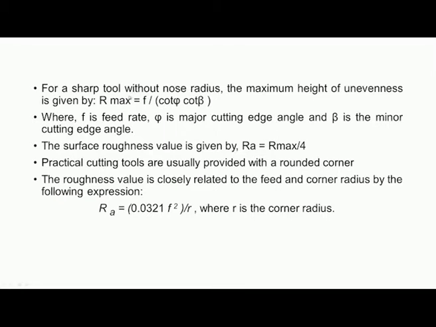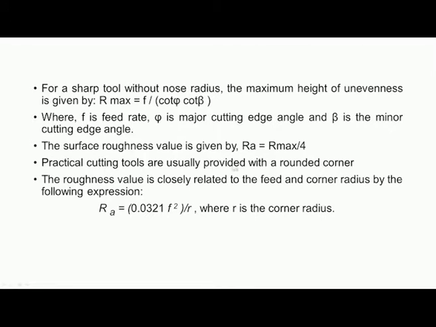For a sharp tool without any nose radius, the maximum height of unevenness is given by this expression: Rmax is equal to f, the feed rate, divided by cot phi plus cot beta, which are the angles of the cutting tool, where f is the feed rate per revolution. The surface roughness value is given by Ra equal to Rmax divided by 4.